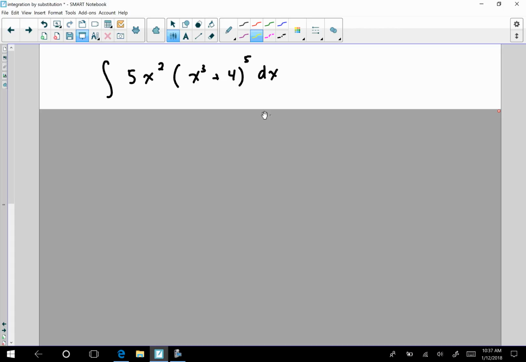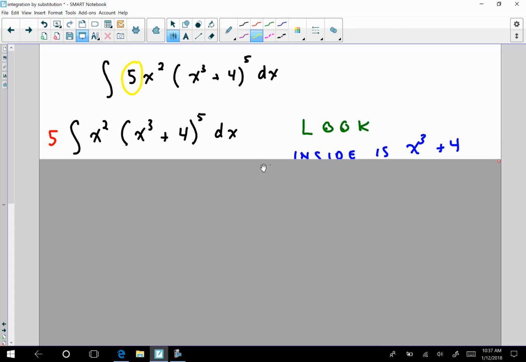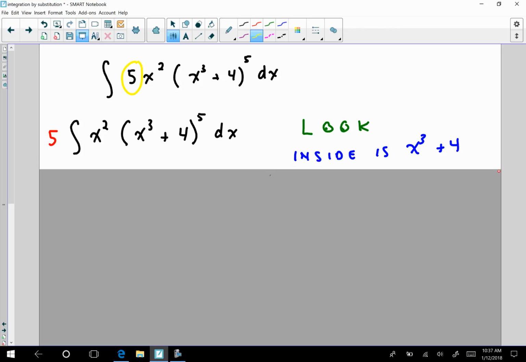The first thing that I'm going to do is notice this constant 5, and I'm going to pull that rascal out in front. And then I'm going to look at the inside, and I'm going to see that the inside is x cubed plus 4.